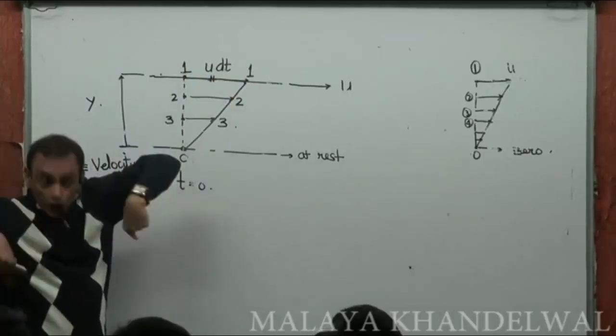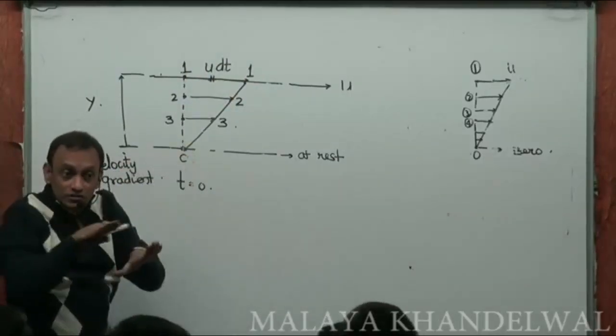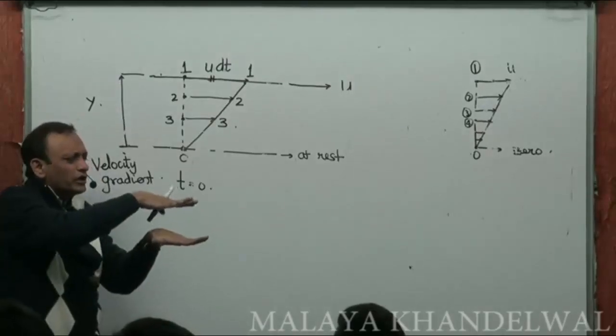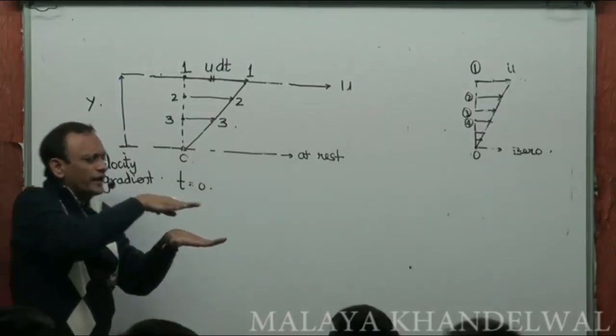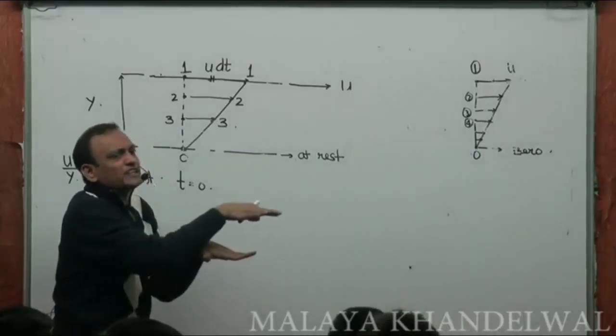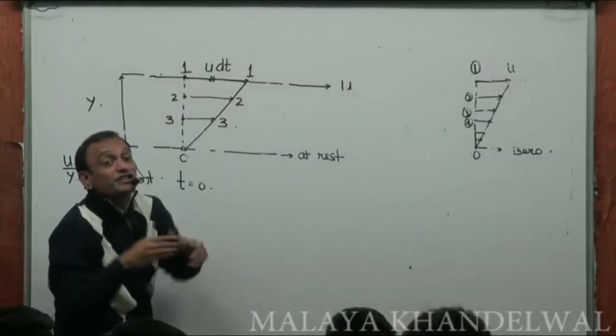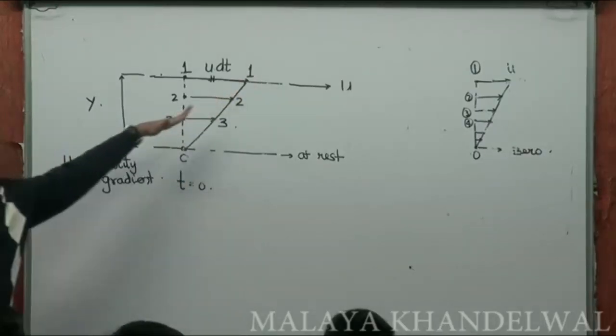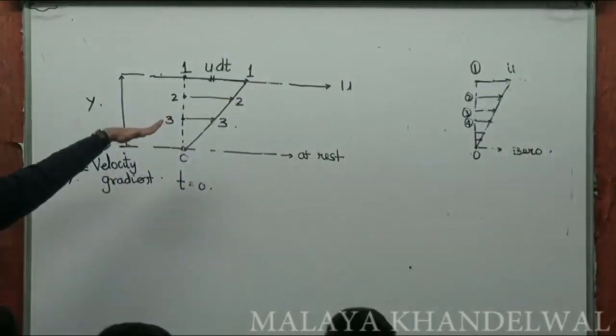It's as if, imagine a solid and I take the top surface of the solid and I push it and the bottom surface remains the same. Then the solid gets what we call sheared. So there is shearing that has occurred in the fluid, right?